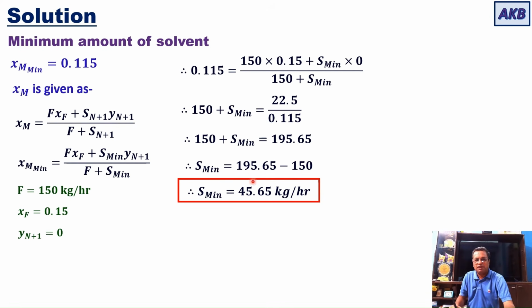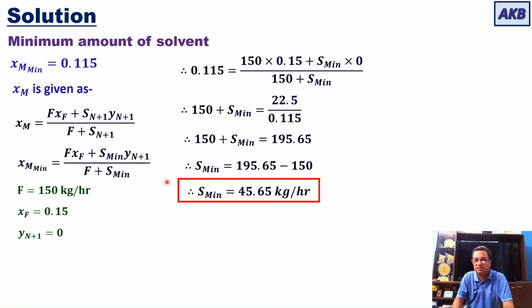So, in this way, we get the minimum amount of solvent that can be used in the operation. The rate is 45.65 kg per hour. This is the minimum rate of solvent that can be used in this operation. So, with this, I end my discussion for this numerical.